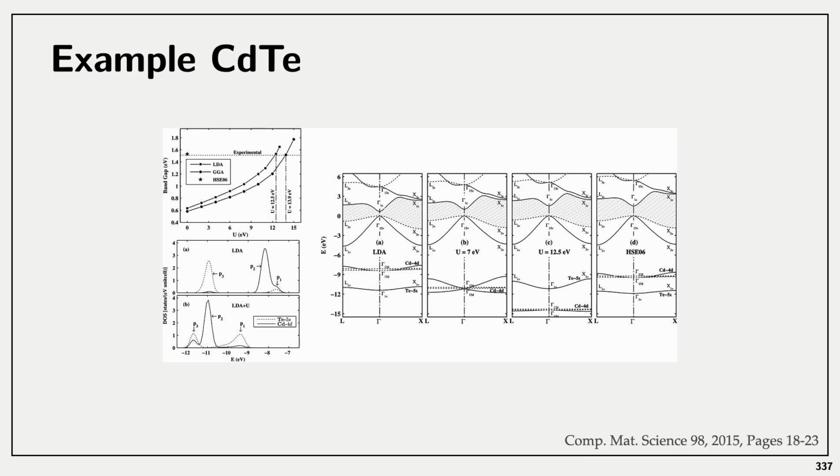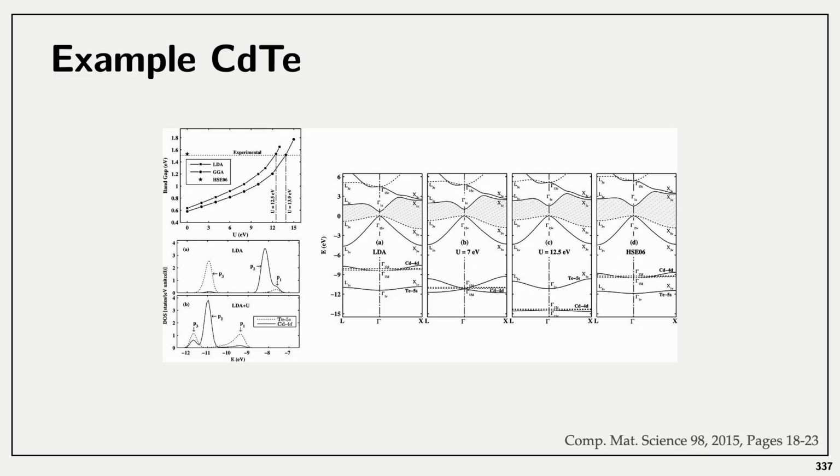You have probably seen the term LDA plus U more than GGA plus U, but people are also using GGA plus U. What you see on the two curves, still on the plot on the top left, is that when there is no U term, so for U equals 0, the band gap for LDA and GGA is equally poor, underestimated here by more than 50%. And it's particularly true for this strongly correlated system.